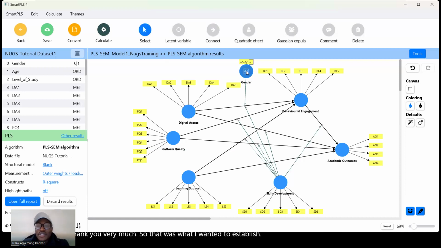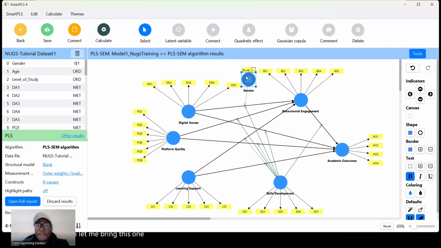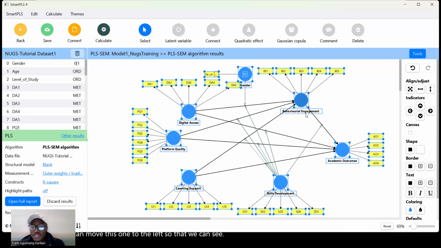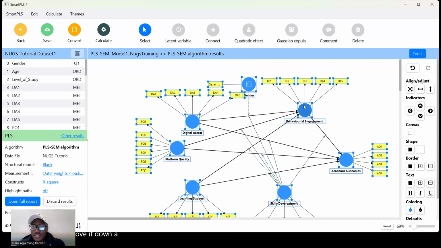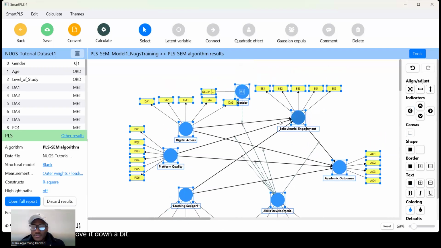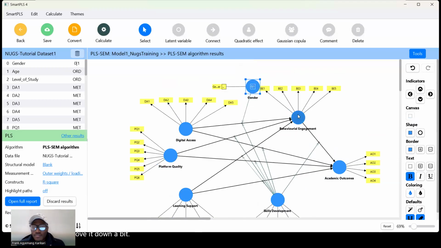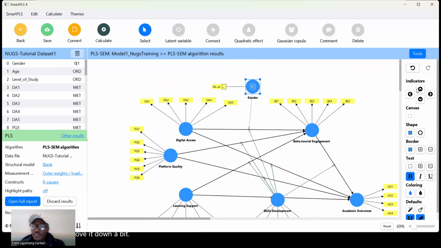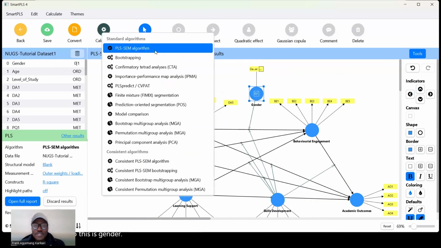Let me move this one to the left, or move it down a bit. So this is gender. So let's run the model and see.